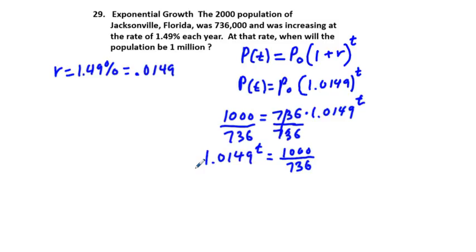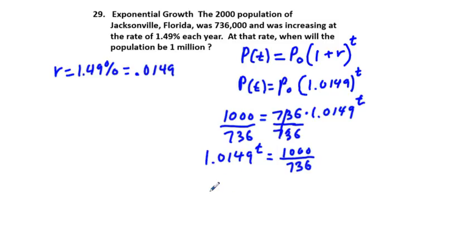Now, what can we do to get t by itself? Well, when you have a variable as an exponent and you want to solve an equation, we can rewrite this exponential function as a logarithmic equation.